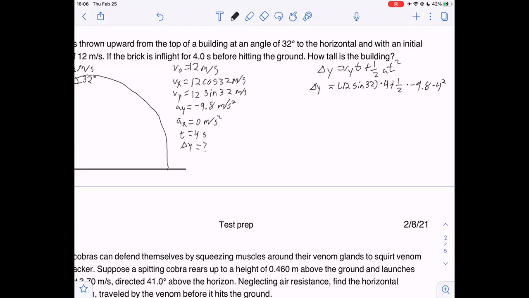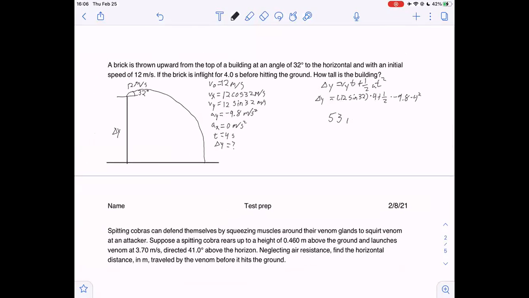Giving us what? 53 meters. Did you get a negative 53?